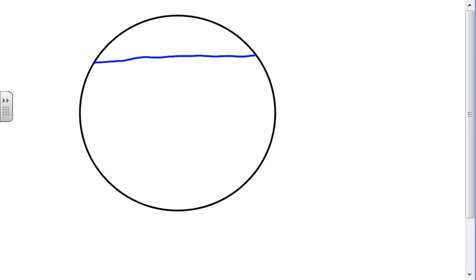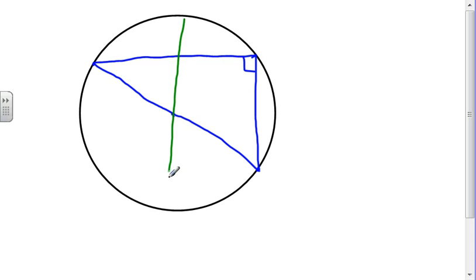If I have a triangle inside a circle, and one of the sides goes through the center, and the other two sides just touch the circle like that, then this angle has to be a right angle. Doesn't matter where I do it from or where I do it to. That's got to be a right angle.